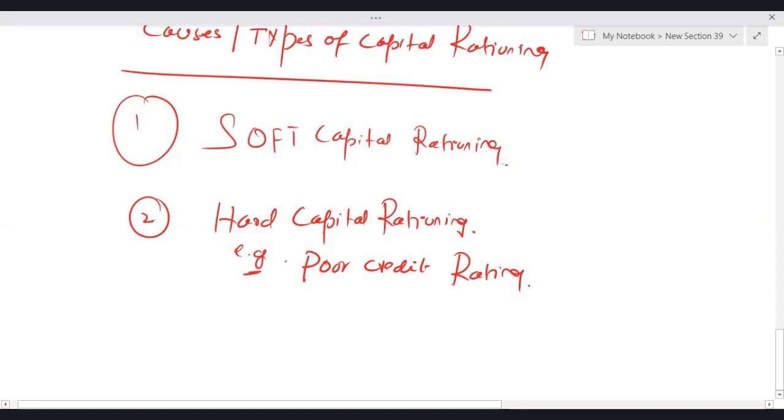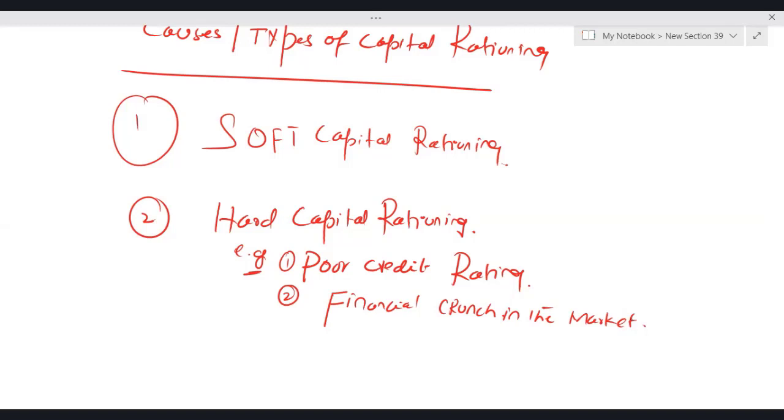Another example of hard capital rationing could be a financial crunch in the market. What do we mean by a financial crunch in the market? For example, banks do not have the lending power.